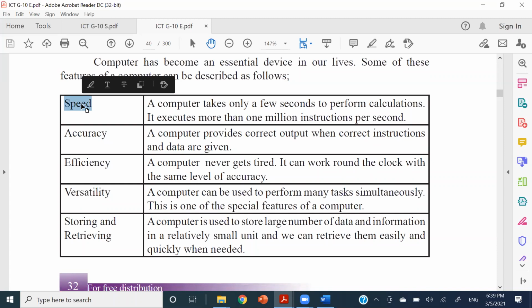Forget about the billion number; if you are given 10 instructions per second, it is hard for you to compile, right? If a human is given 10 instructions to do per second, it's very hard to execute, because we consume some time to understand that. But unlike us, the computer has the ability to execute billions of instructions per second. Now think how fast it is.